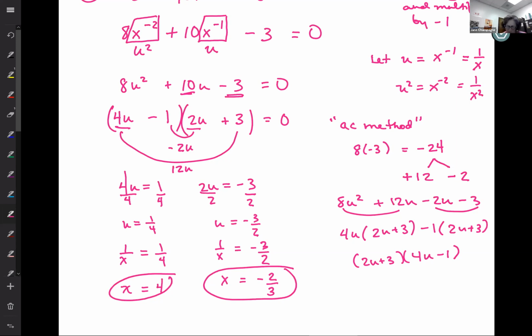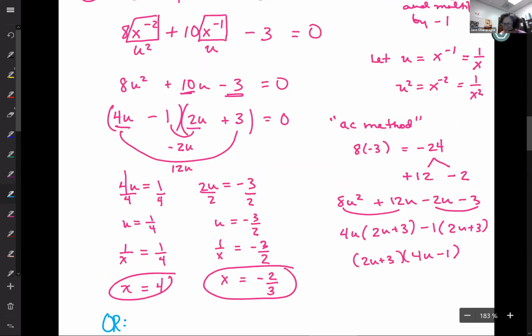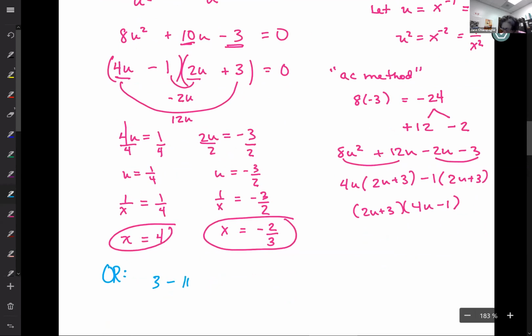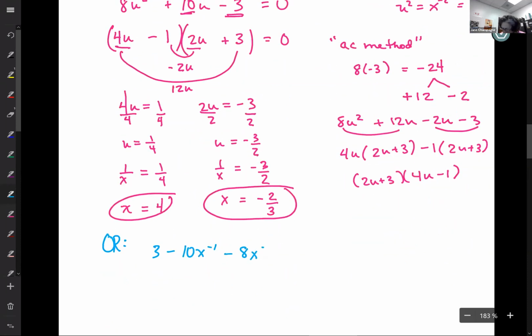All right, let me show you another way. The original equation was 3 minus 10x to the -1 minus 8x to the -2 equals 0, right? You could just write what that means. That's 10 over x, and that's 8 over x squared.